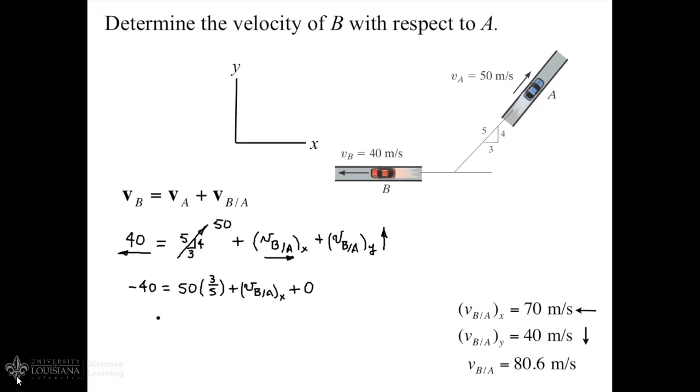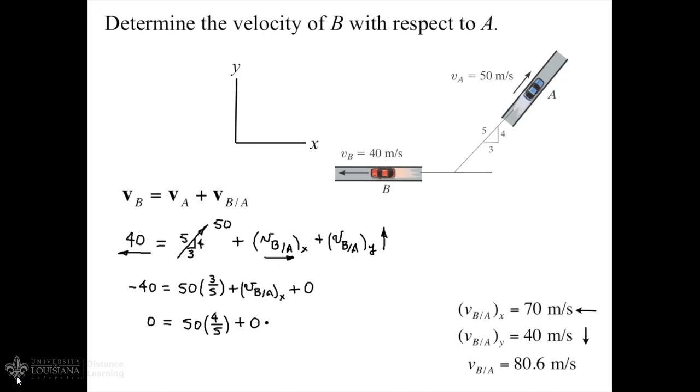Now let's sum in the y direction. From here I have no contribution. I set that equal to, for here, 50 times 4/5. And that, of course, is positive. Then I have plus, nothing from here.